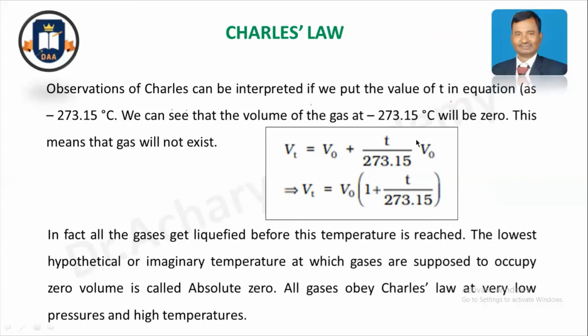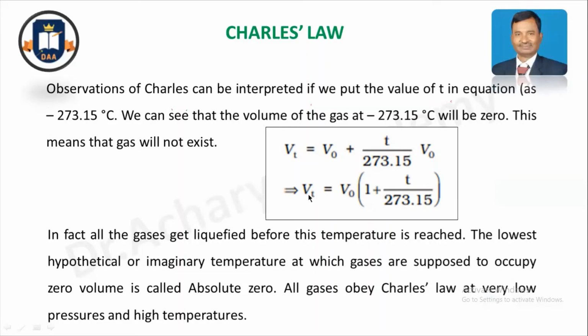And if you see the equation, it describes this nicely, because when you are considering T as minus 273.15, then the left side is minus 1, that means 1 minus 1, that means it is 0, and it multiplied by V0 means 0.